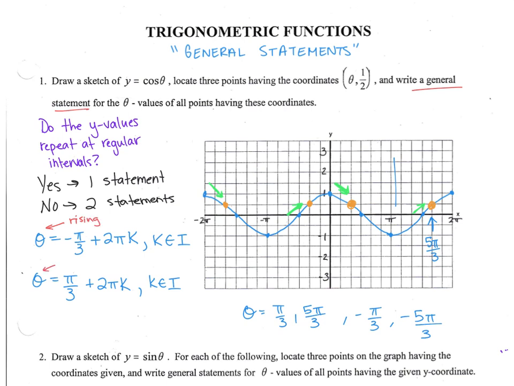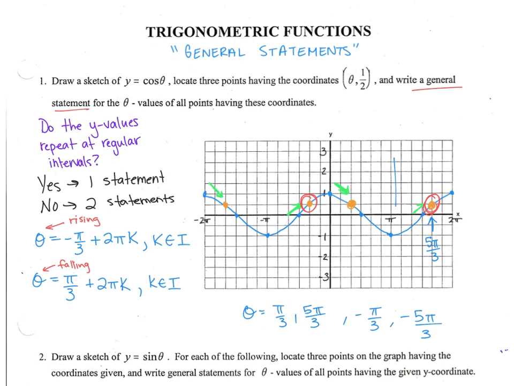And this one talked about when was it falling to a y value of 1/2. For those statements, I chose a negative pi by 3 for theta. I could have chosen instead 5 pi by 3 plus 2 pi k.